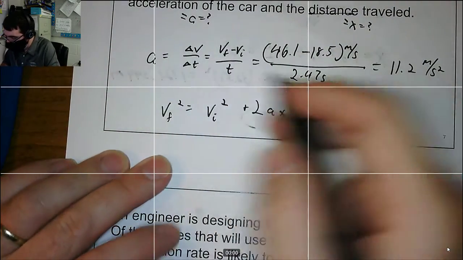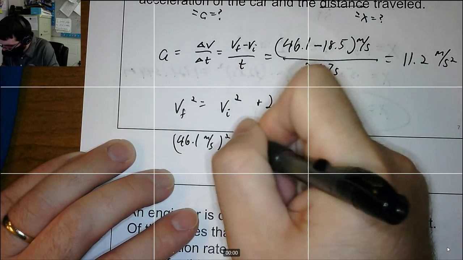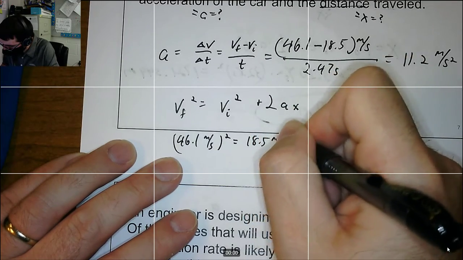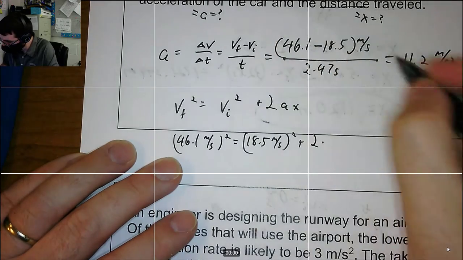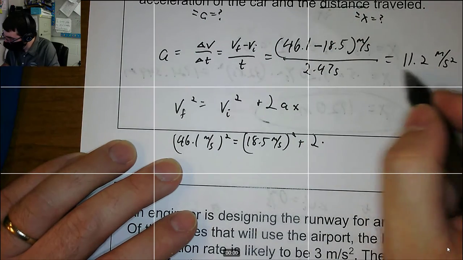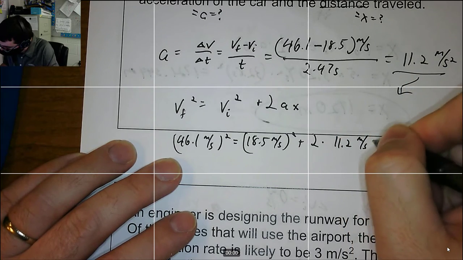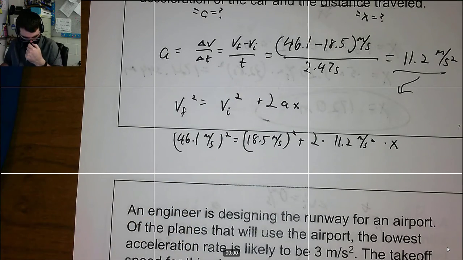Then plugging the values in, 46.1 meters per second squared is equal to 18.5 meters per second squared plus 2 times the acceleration. We're not given the acceleration up here, but we just solved for it. So 11.2 meters per second squared times x, which is what we want to solve for.